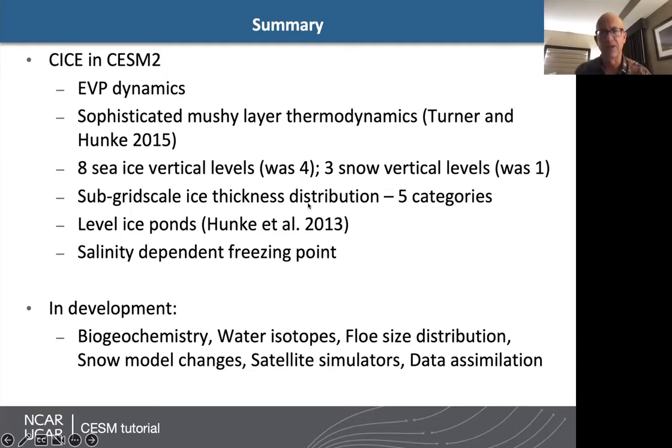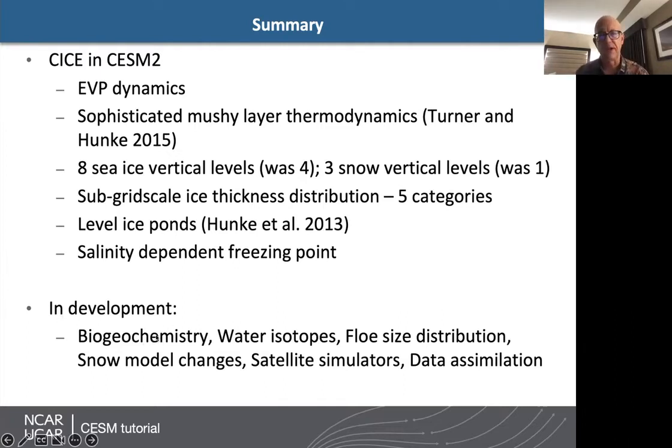We've got the subgrid scale ice thickness distribution with 5 categories in it. So these are all based on the different thickness types of the ice. We've got a melt pond formulation, and then some details about how we compute the freezing point underneath the ice when we're coupling with the ocean.